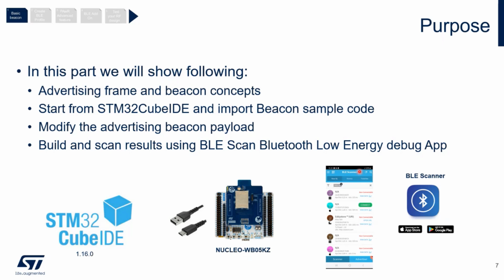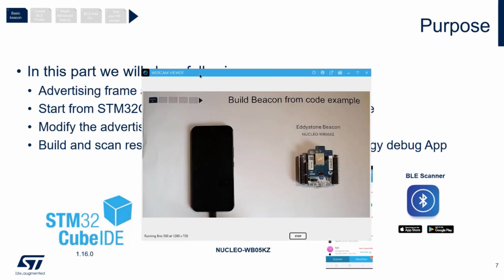We will use BLE Scanner just as a matter of look and feel when you display the beaconing, okay? And you will need, of course, a board on your desk, exactly the one I have here, which is a Nucleo WB05, which embeds the STM32WB05.